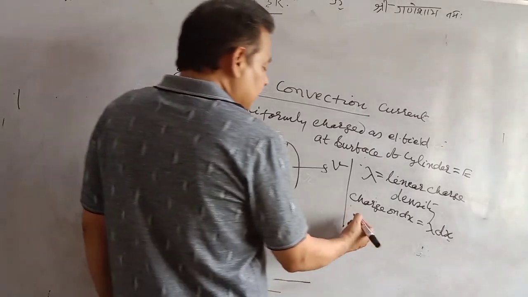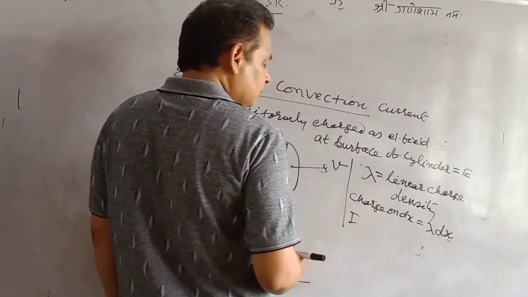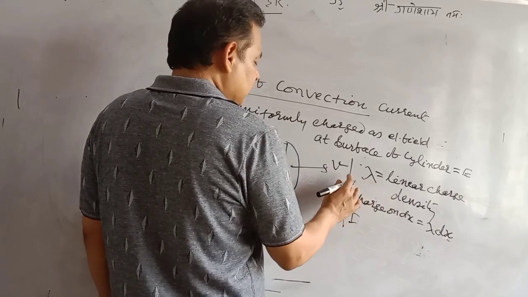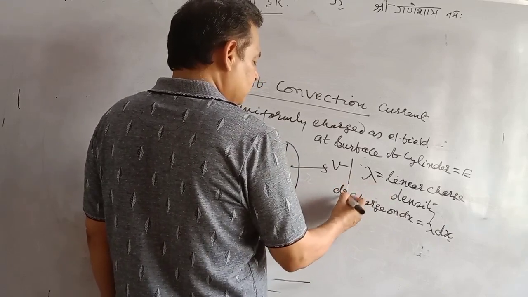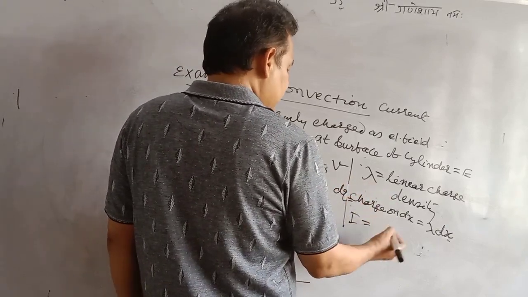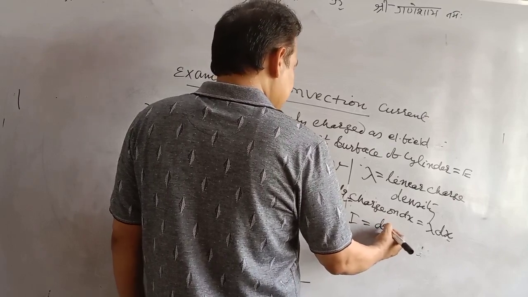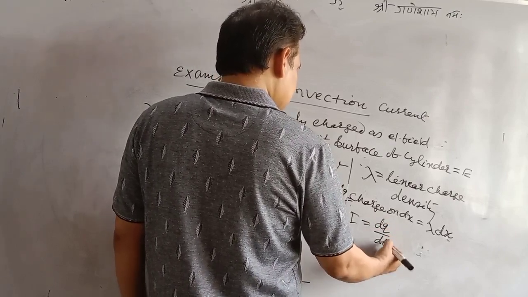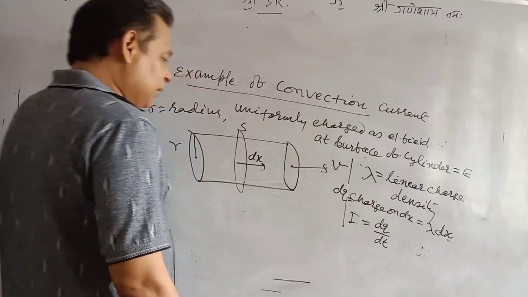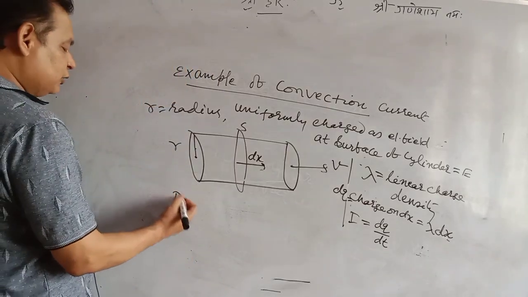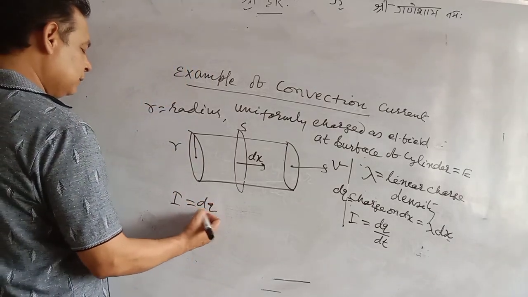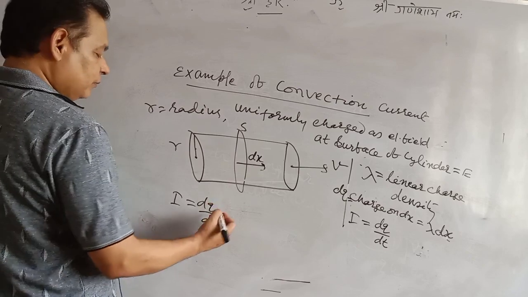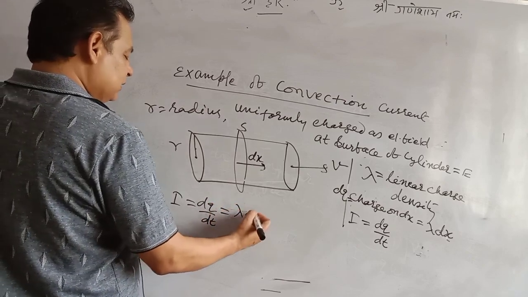If you want to find out current, this is charge. I am taking this charge as dq. This current will be dq by dt. I am writing here I equals dq by dt, but you know dq is lambda dx.